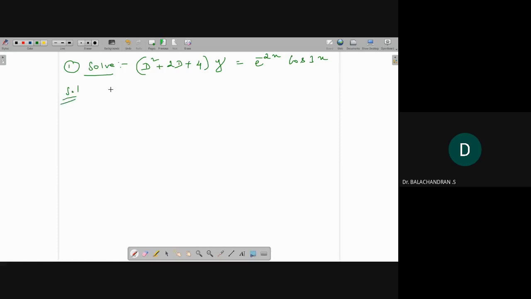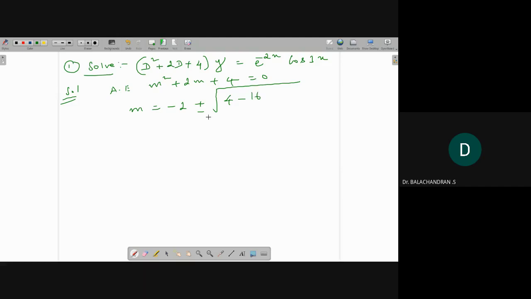So what is the auxiliary equation? m^2 + 2m + 4 = 0. So m equals (-b ± root of b^2 - 4ac) by 2a. A is 1, c is 4.